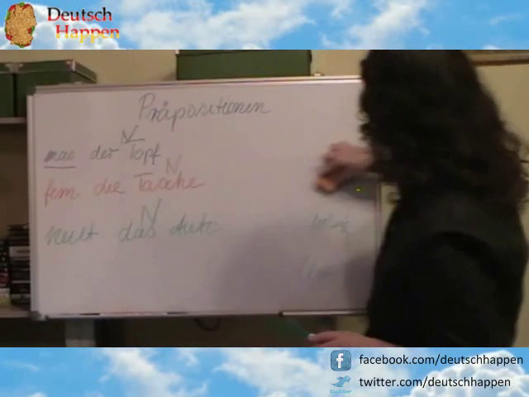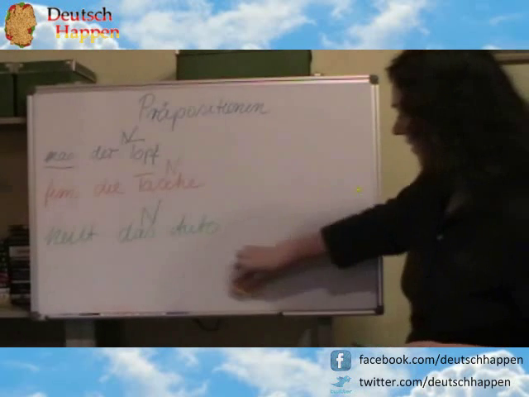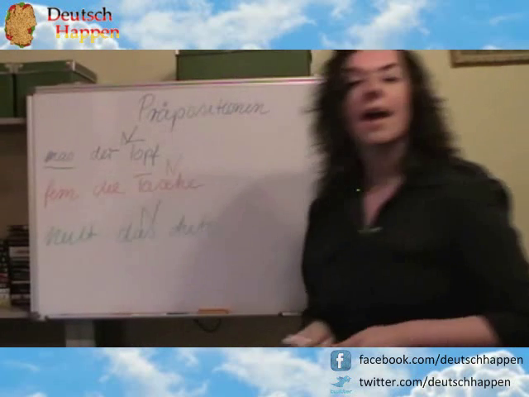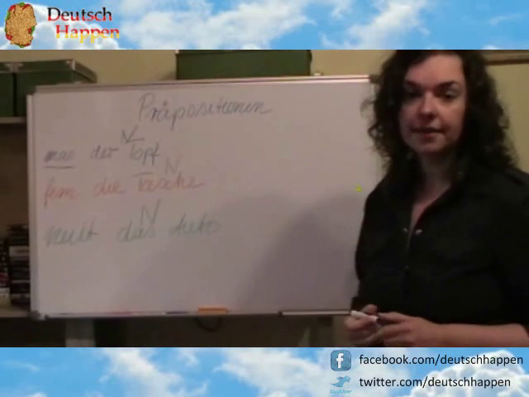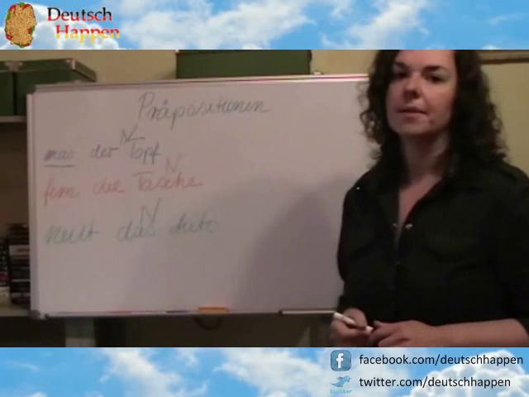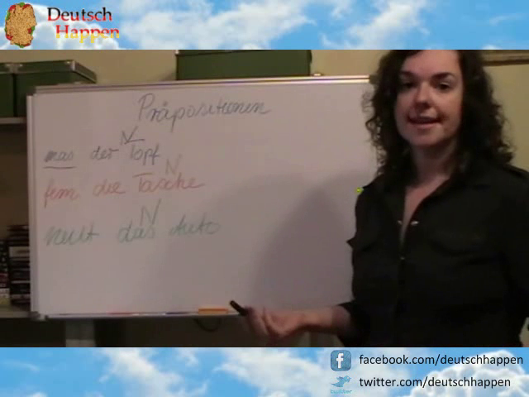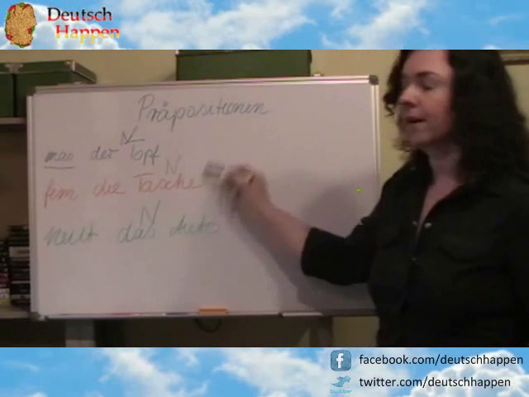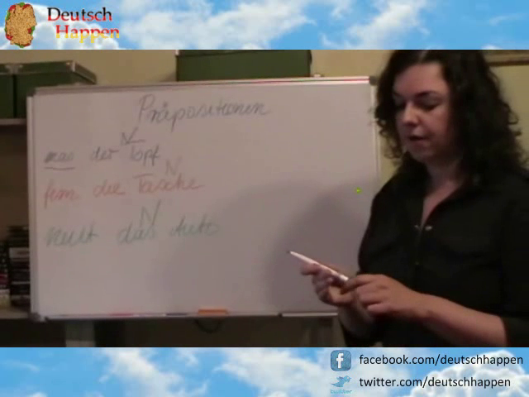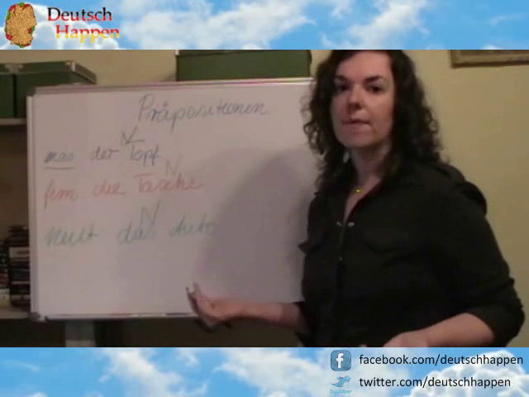Now, the only thing that's missing is our plural, obviously. And you'll be happy to hear that plural is not overly complicated because it's always the same form for all three of them. So masculine, feminine and neutral will form their plural the same way.